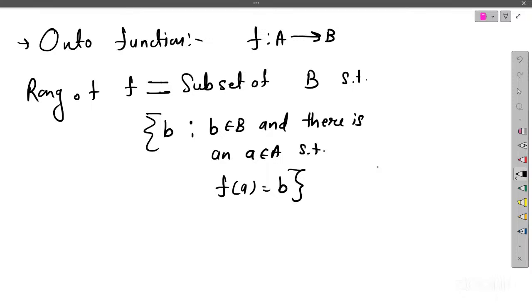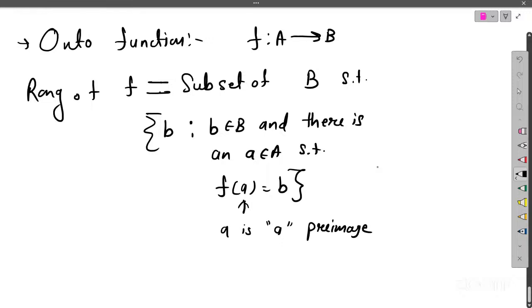Here a is a pre-image of b, because pre-images can be more than one for a function. When a function is from A to B and f of a equals b, then b is known as the image of a, and a is known as a pre-image of b.